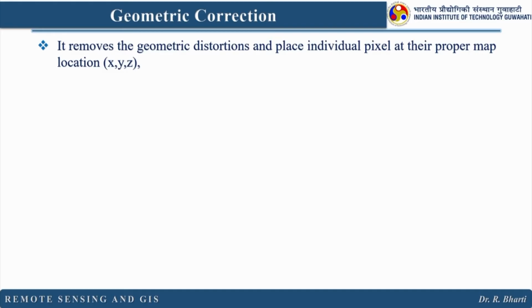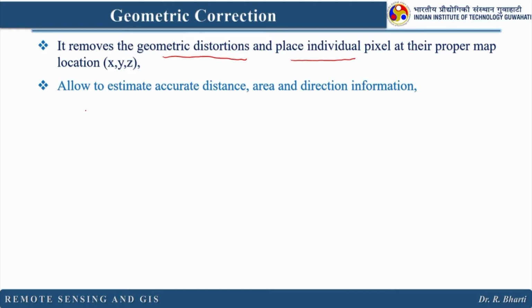So, here what we do is we remove the geometric distortion and place individual pixel at their proper map location, that is x, y and z, right. X, y is your latitude, longitude, z is your DN number. Then it also allows to estimate accurate distance, area and direction information.